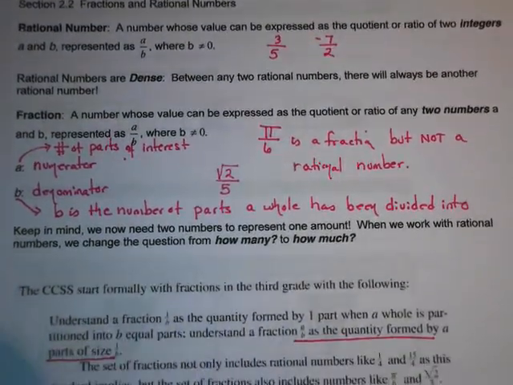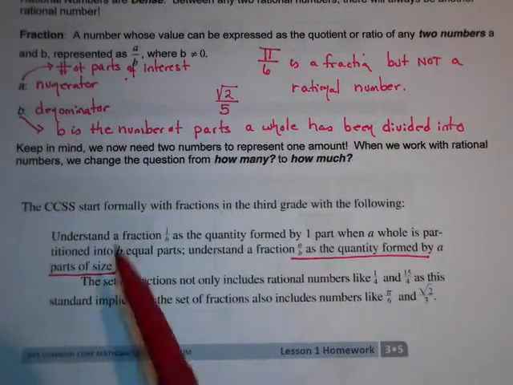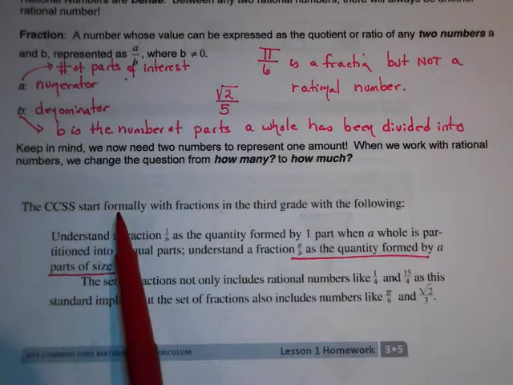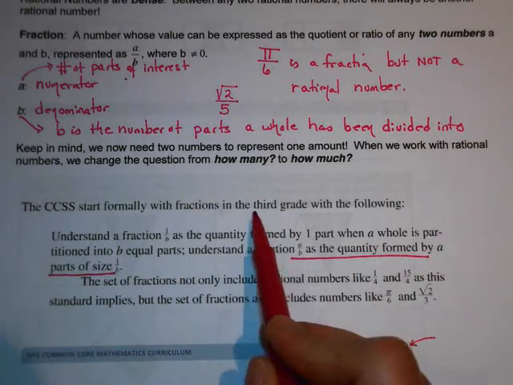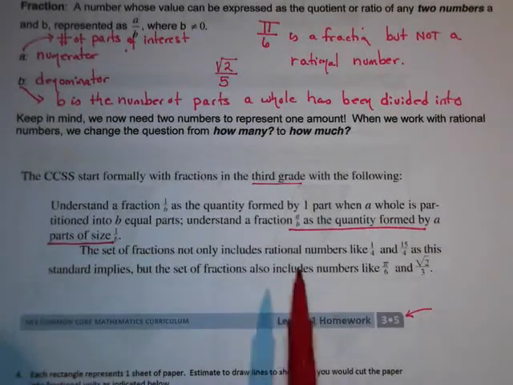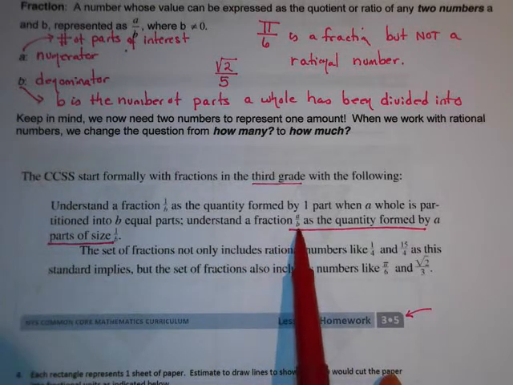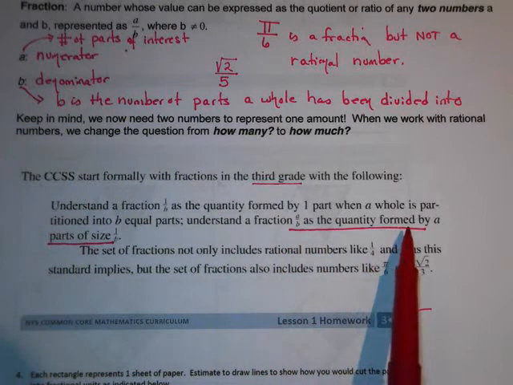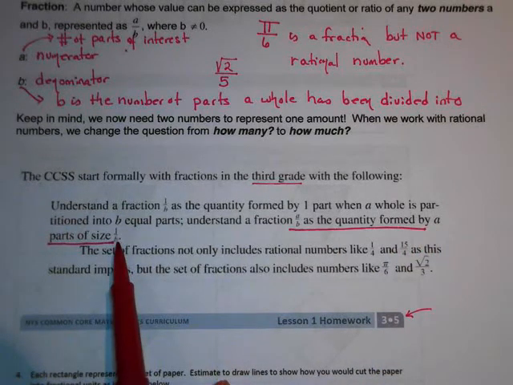So Common Core starts fractions in 3rd grade, and so I looked at some very, very beginning 3rd grade sheets. So 3rd grade is where it's at. And I think this is interesting. They talk about a fraction A over B as the quantity formed by A parts of size 1 over B. So they don't say the whole has been divided up into B parts.